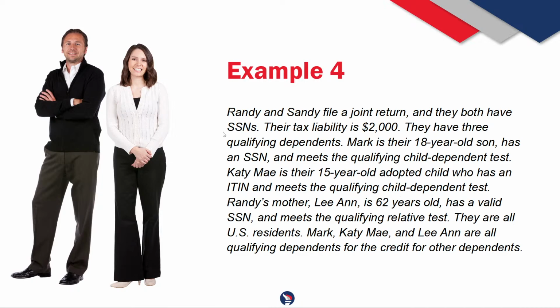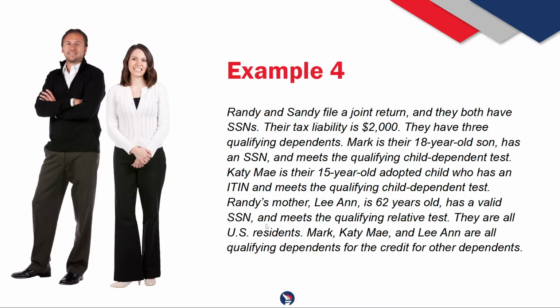Randy and Sandy, joint return, both have social security numbers, tax liability is $2,000. 3 qualifying dependents: Mark, 18, social security number, meets the qualifying dependent test. Katie May, 15, adopted, has an ITIN, meets the qualifying dependent test. Randy's mother, Lee Ann, 62, valid social security number.